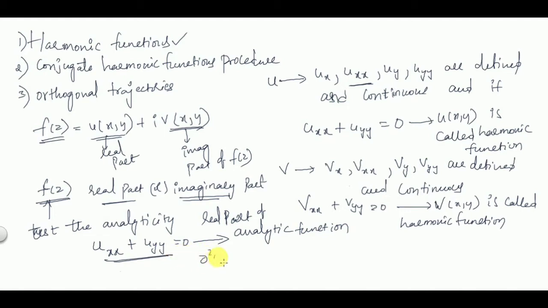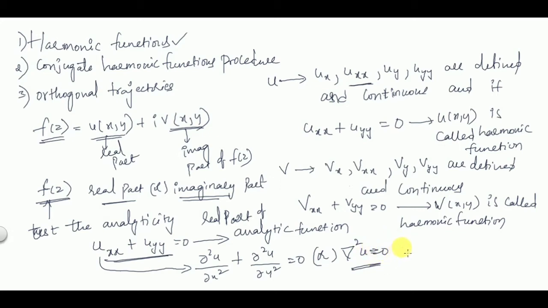This can be written as del square u by del x square plus del square u by del y square equal to 0, or we can write it as del square u equal to 0. This is the del operator, which we will learn about in vector algebra.